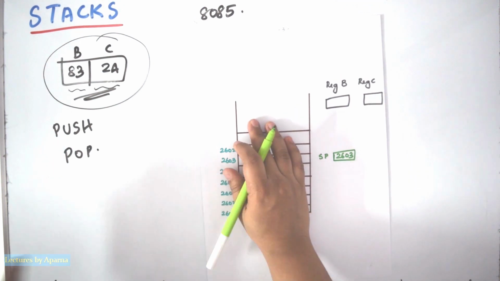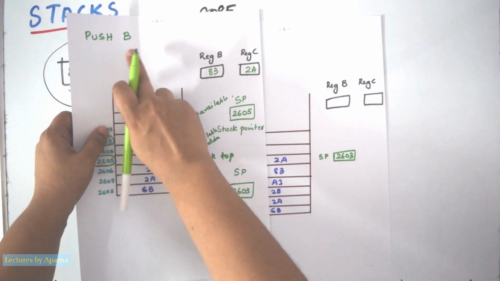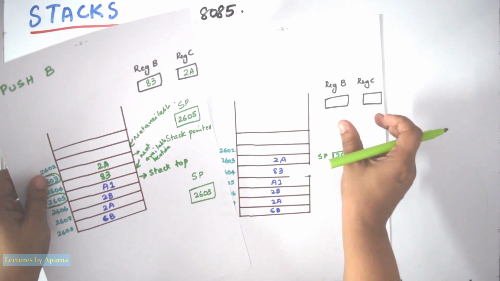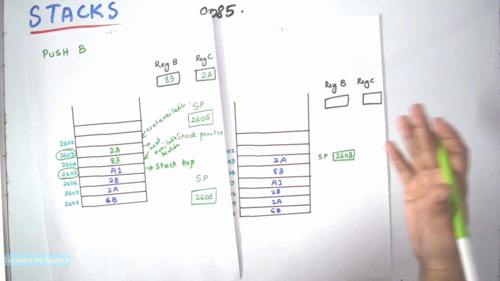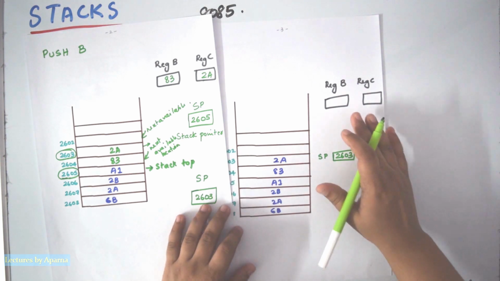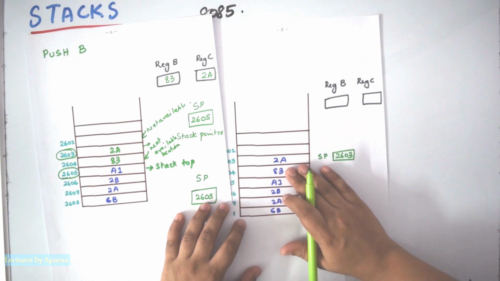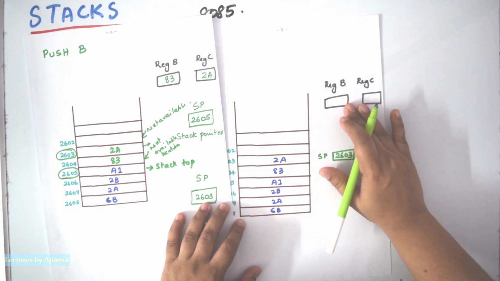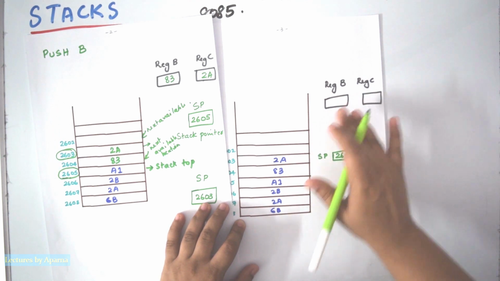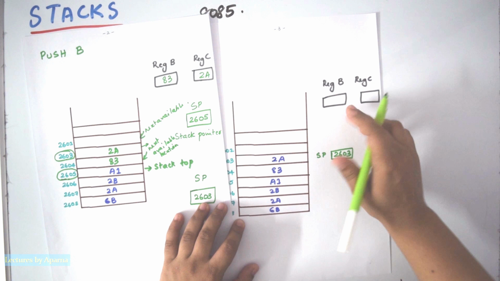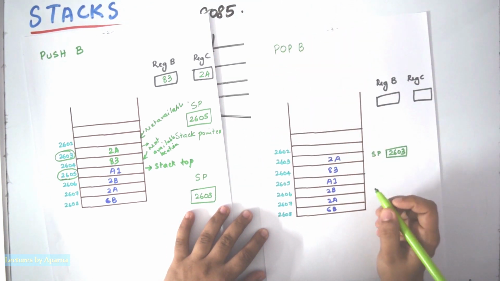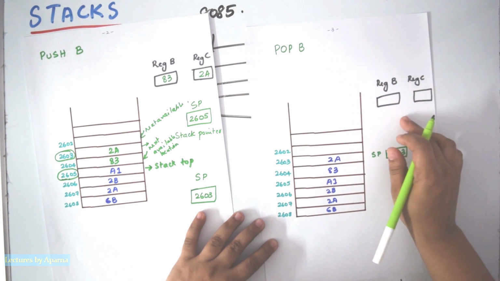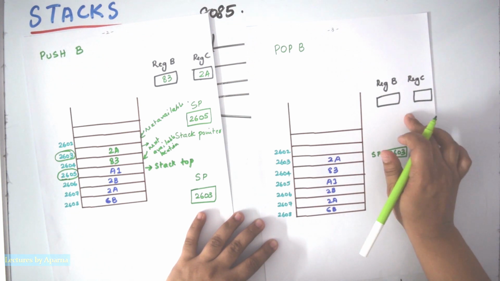After executing the push instruction, register B and register C will be free. So now I can use these registers for whatever purpose, and after that operation is completed, I have to take these contents back to register B and register C. To take it back we use the instruction pop B, that is popping these contents back to these registers.